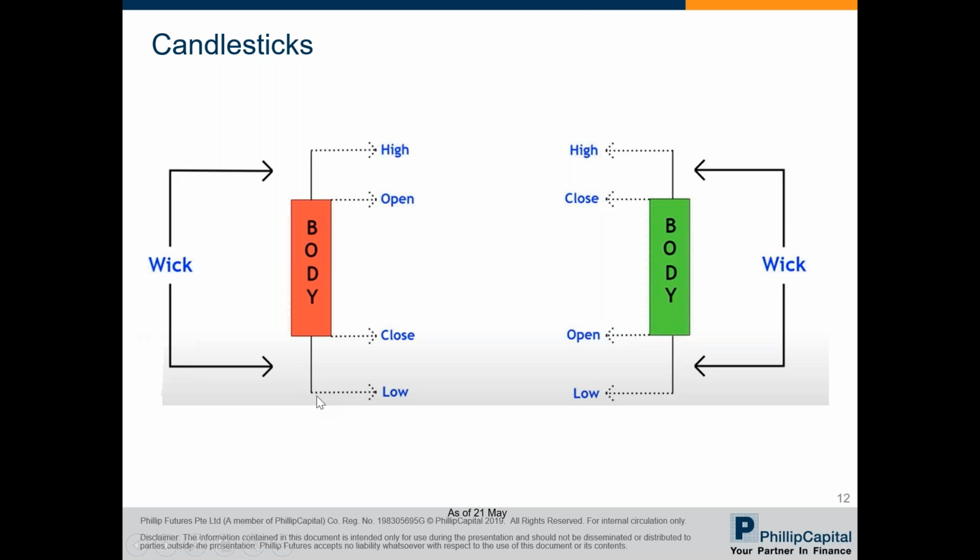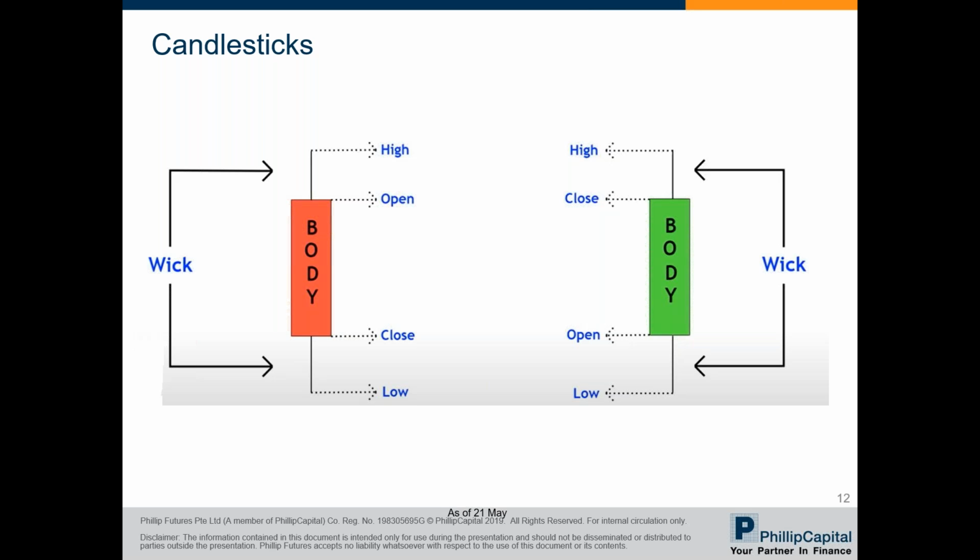And the market reached open at this level and close at this level over here. The body is made out of different colors, typically blue or green, and red for down candles as used in this example. Sometimes it's also shown as a hollow or a solid candlestick.